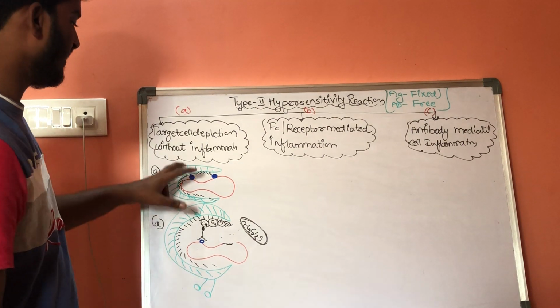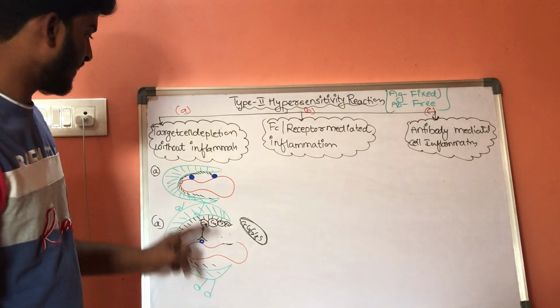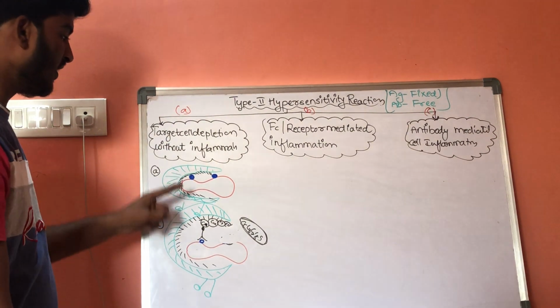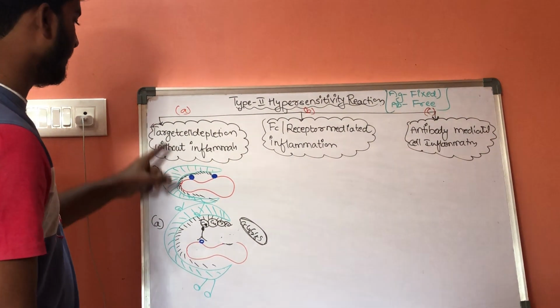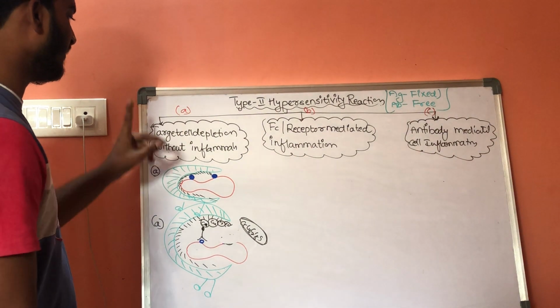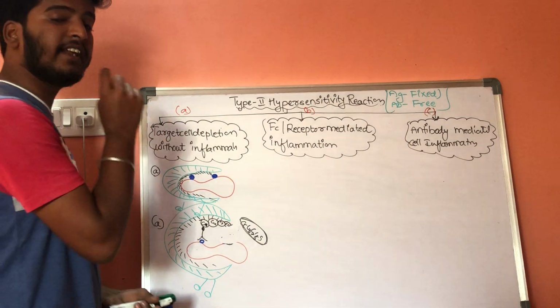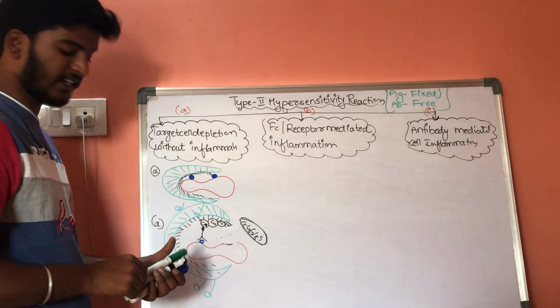So, in this way, the antigen which is present on the surface of the cell will get denatured without inflammation process. That is discussed under the target cell depletion without inflammations. This is the first category which is discussed under type 2 hypersensitivity reactions.